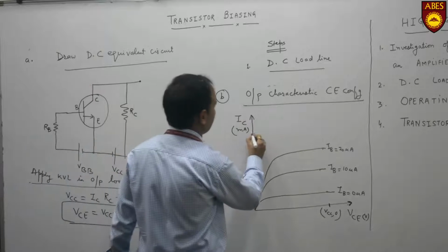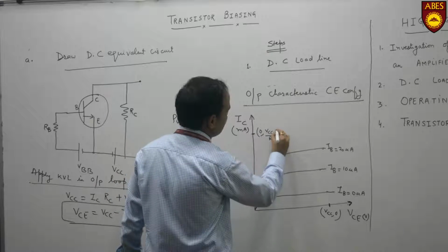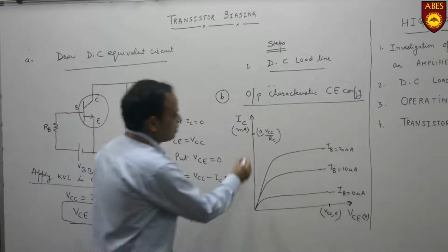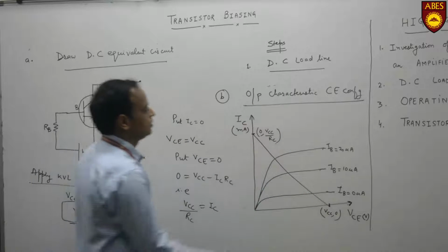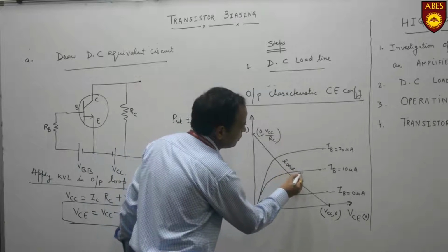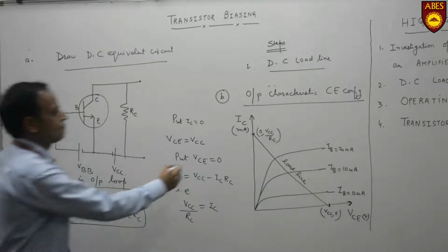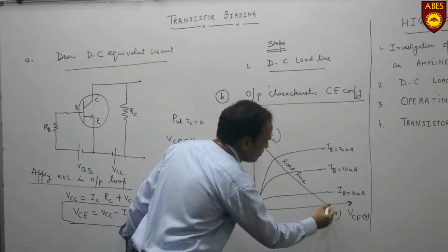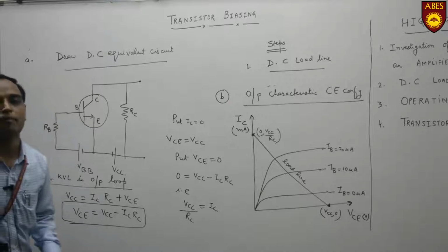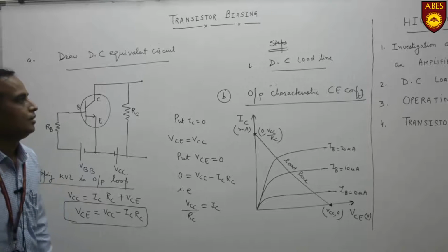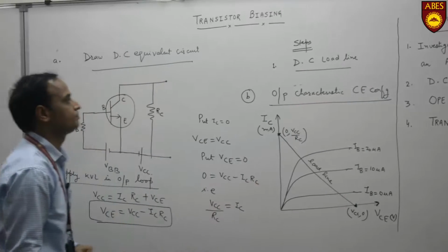That means I get a coordinate over here whose value will be 0 comma VCC by RC. Now, joining these two extreme points, I get a line which is referred to as the load line. So my very first step for investigating the performance of a transistor as an amplifier is covered, that is, we have drawn the DC load line.